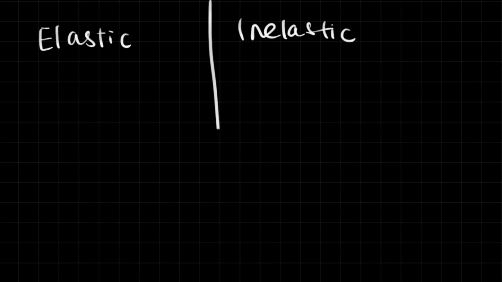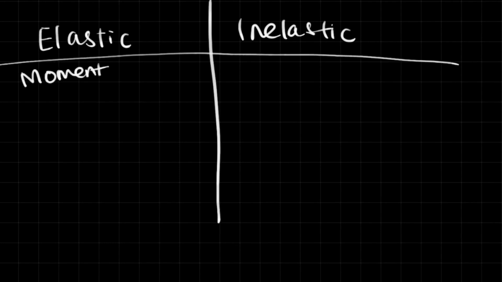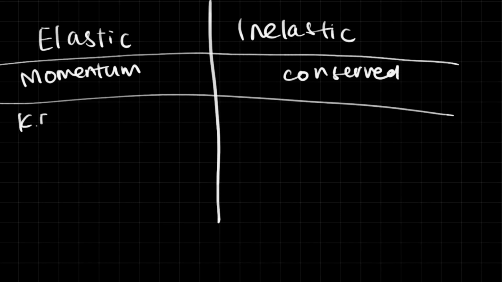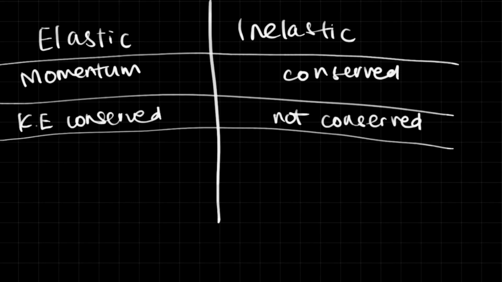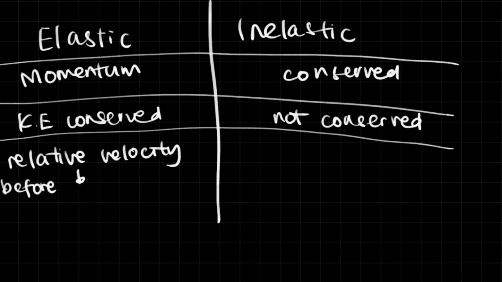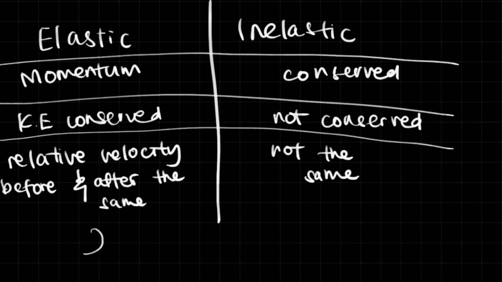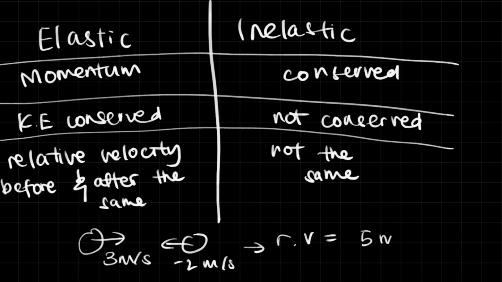So basically, the difference between elastic and inelastic collision is that both have their momentum conserved. But in an elastic collision, the kinetic energy is conserved. In an inelastic collision, sometimes it's changed to different forms of energy like sound and heat. Also, in an elastic collision, the relative velocity will remain the same, while inelastic collisions won't have it the same.